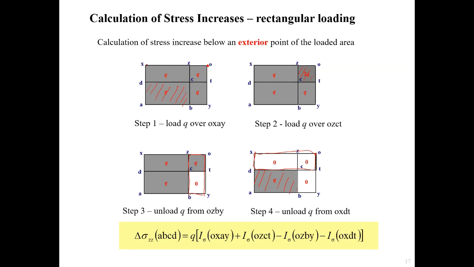So we form a big rectangle and we assume the Q is applied through this big rectangle. So you have Q for these 4 small rectangles. Is that clear? But later on you have to minus this rectangle and this shape.